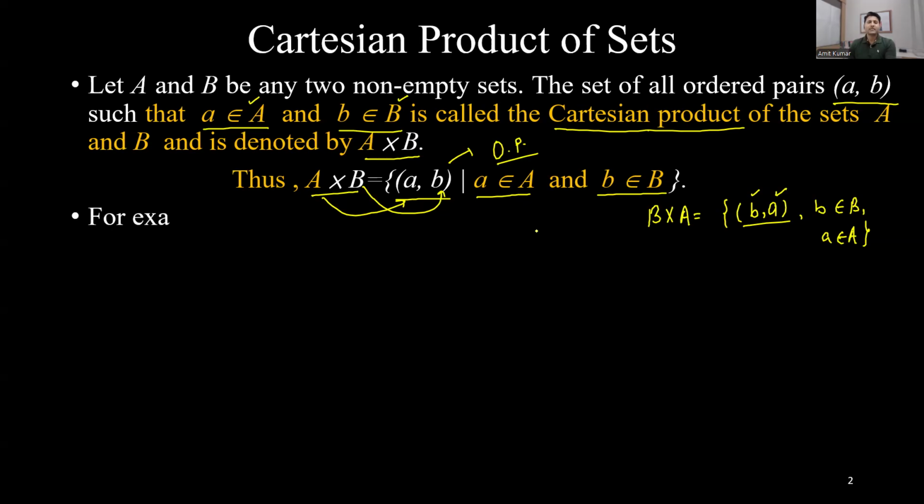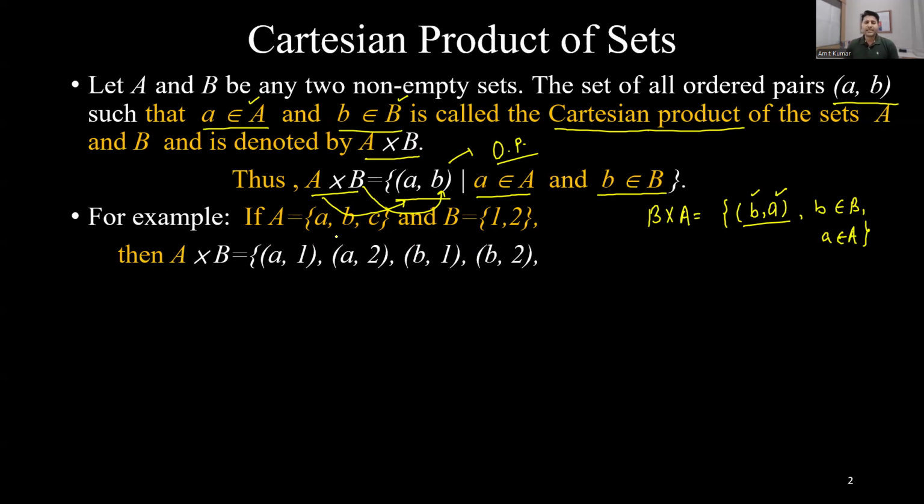For example, suppose we have a set A having three elements a, b, c, and a set B having elements 1, 2. Now we are interested in writing A cross B. How does A cross B look? Firstly, distribute a with every element of B, that is (a, 1), (a, 2), then distribute b with 1 and 2, then distribute c with 1 and 2.